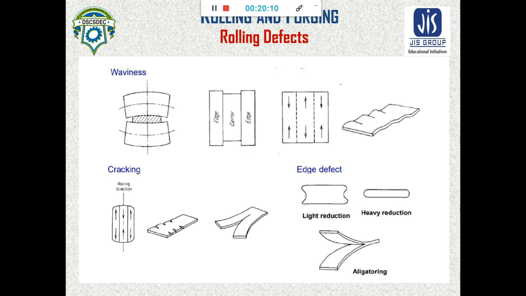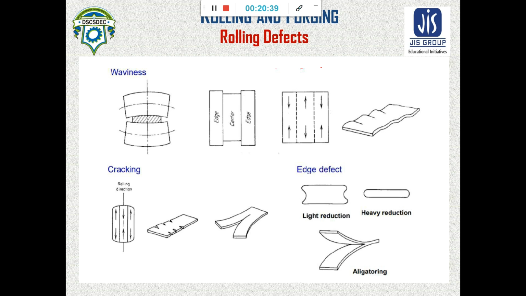Those types of defects we will not discuss here. These defects are caused by impurity inclusion, which means whenever impurity is included in the stock, this type of defect occurs. But these are not directly rolling defects.